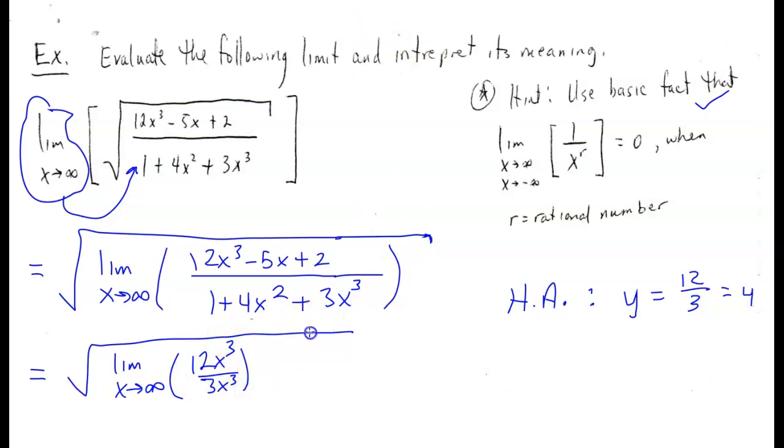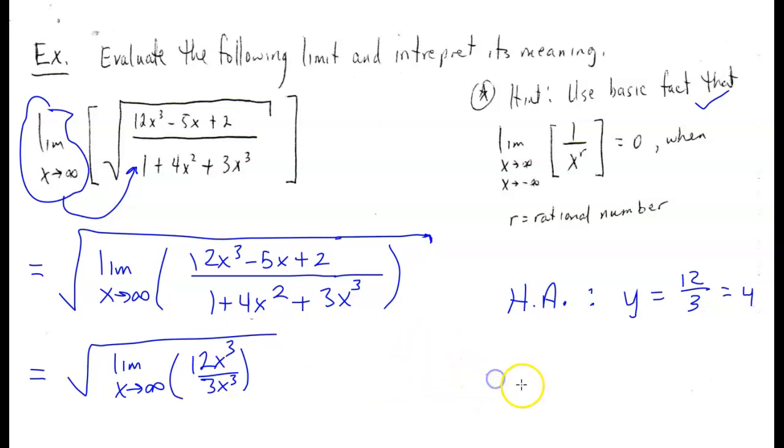And notice here that on the inside of our limit, all of what we see here is just going to simplify to 4. So here this would just be limit as x approaches infinity of 4.